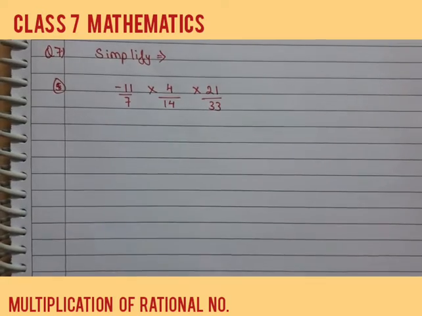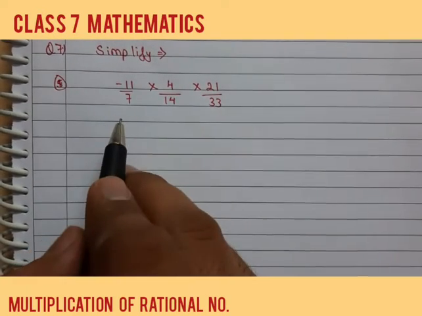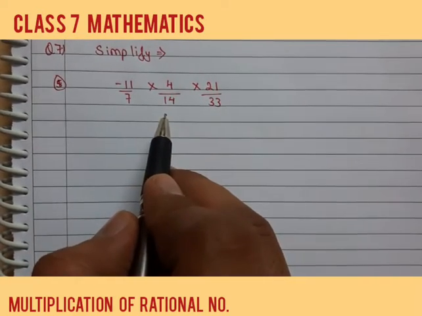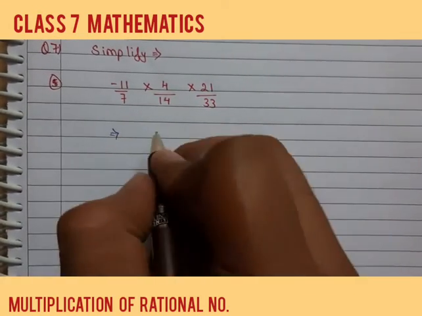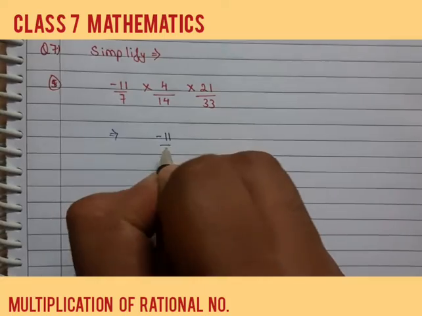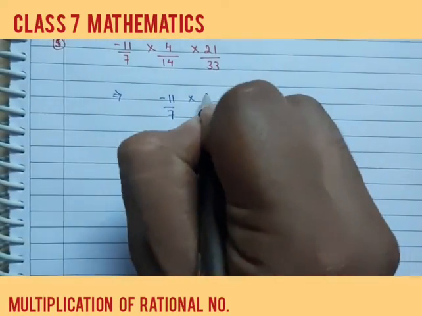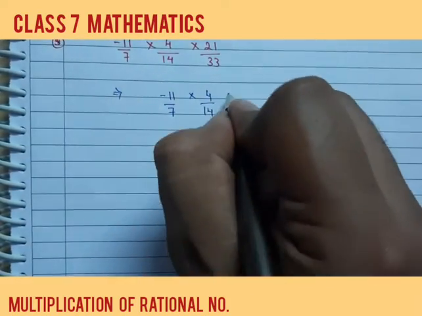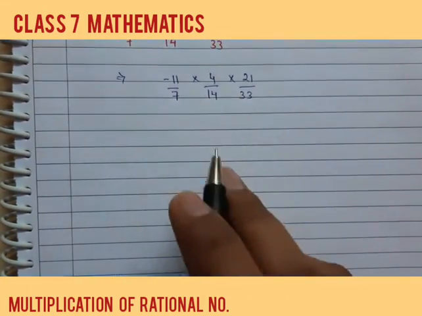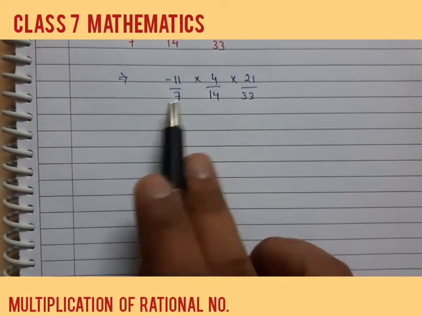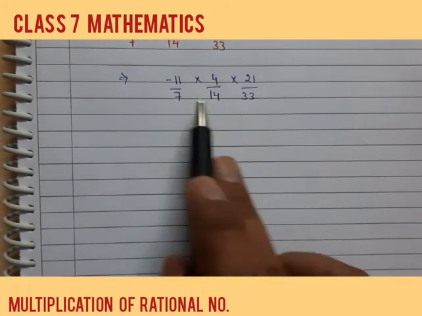Now our next question is simplify. Minus 11 upon 7 into 4 upon 14 into 21 upon 33. First, write down the given question. Now, first see which of the given numbers have common factors.